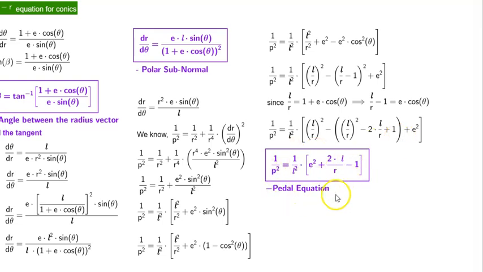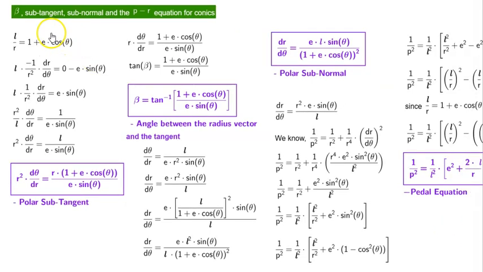And that is the pedal equation. So we have arrived at the angle between the radius vector and the tangent to a conic specifically, subtangent, subnormal, and the pedal equation.